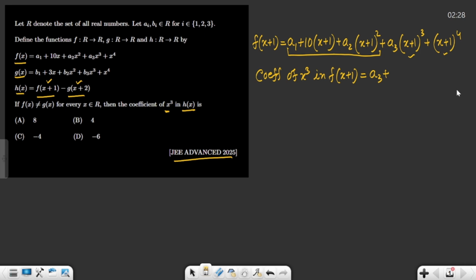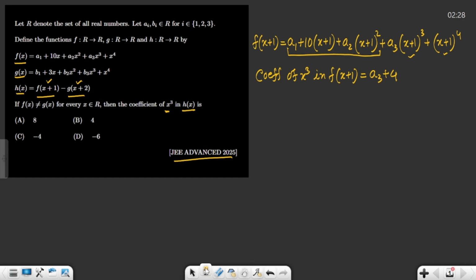You need to remember the direct formula for the smaller powers like 4 or 5. So the coefficient of x cube in (x+1) whole to the power 4 is simply 4. So a3 plus 4 is the coefficient of x cube in f(x+1).